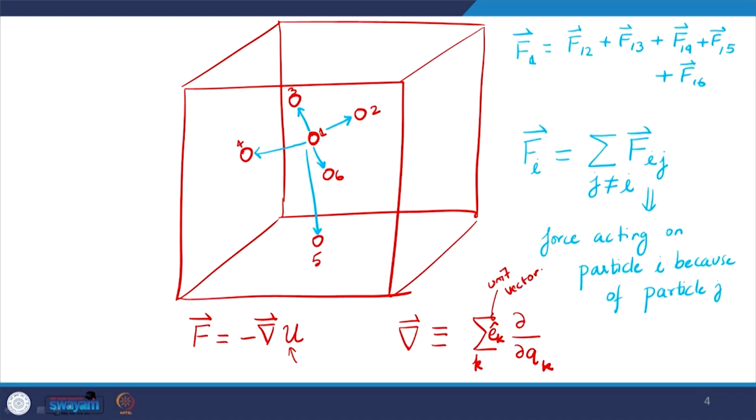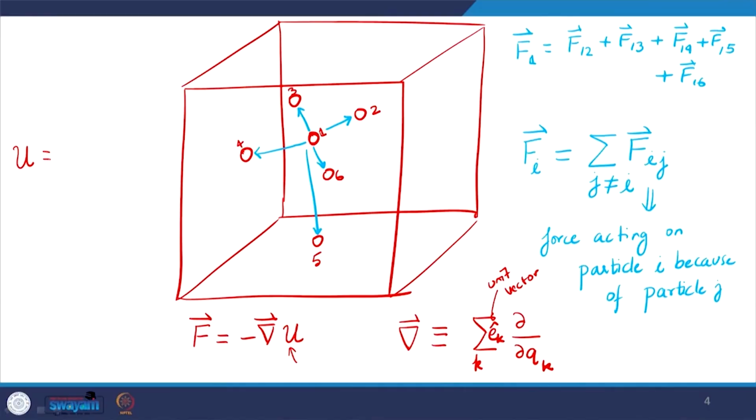That is my gradient operator. So, instead of saying the forces acting on all the particles, I can find the U of the system. And what does the U of the system come from?